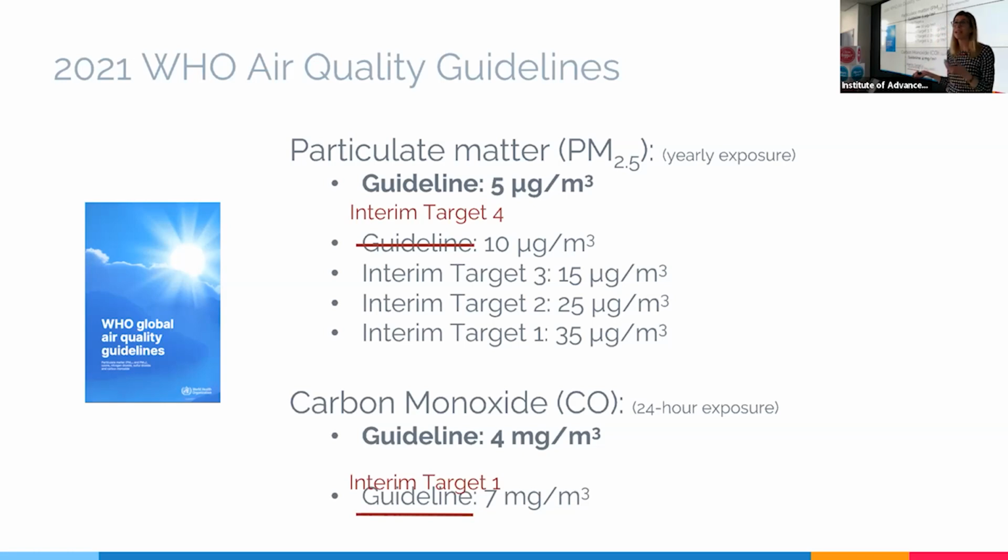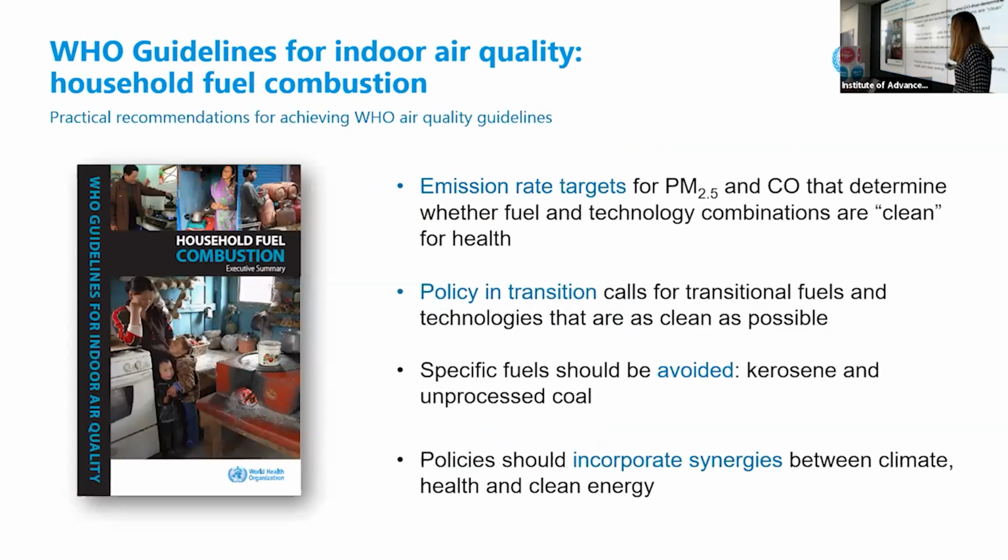However, these guidelines do apply to high income countries, and we are working on trying to build up the capacity to address those, because it is an important source of indoor air quality in high income countries, and also the source of ambient air pollution in high income countries as well. And then again, the actual guideline for carbon monoxide was also decreased to 4 milligrams per meter cubed.